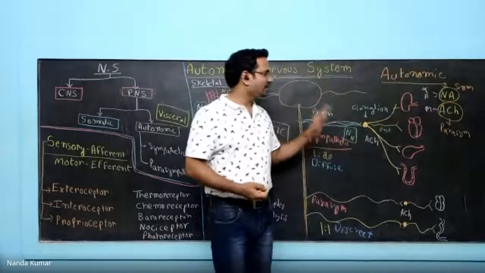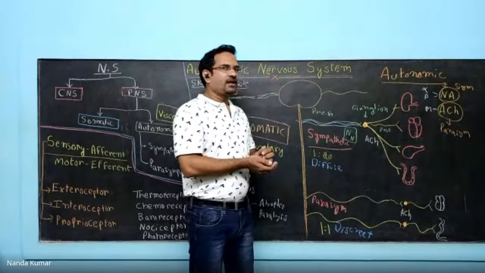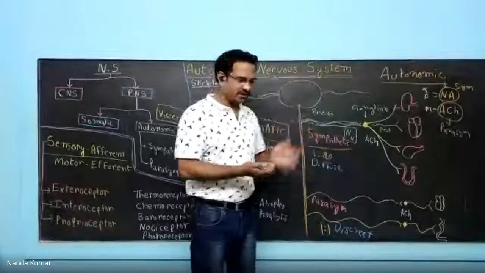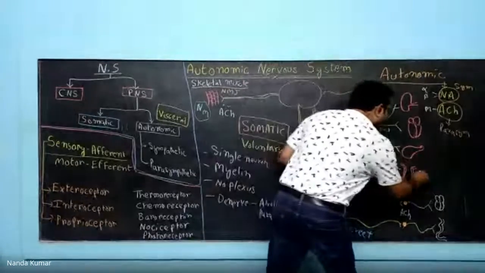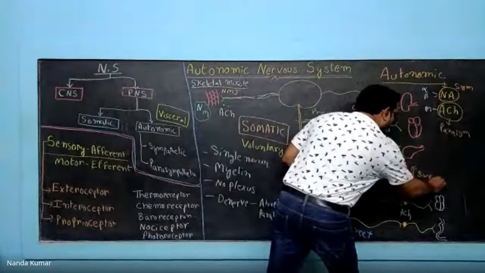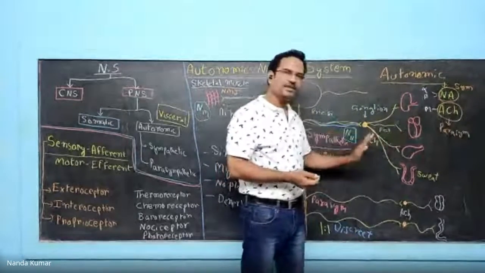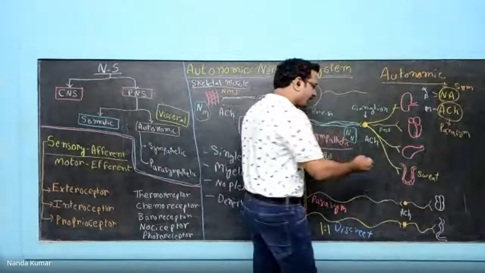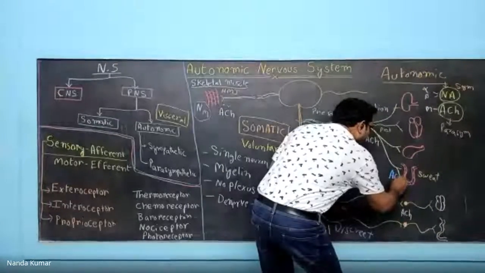Now, why I'm insisting on anatomical differences is that the division is not based on neurotransmitter. Look at this, this one is a sweat gland. Anatomically it is sympathetic stimulation, but the neurotransmitter here is acetylcholine.